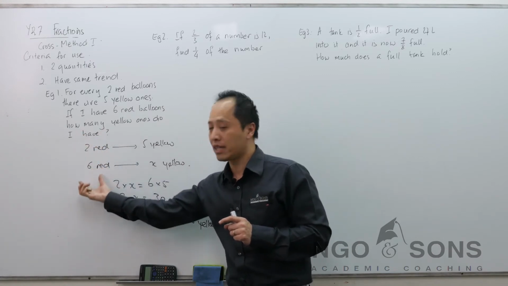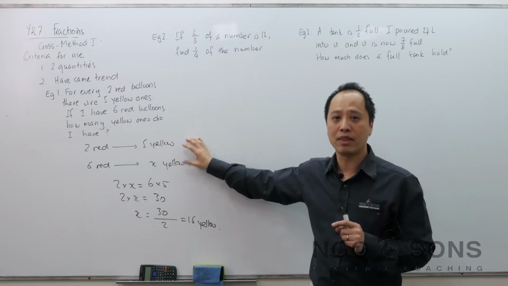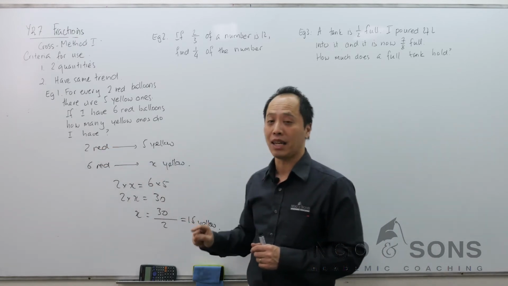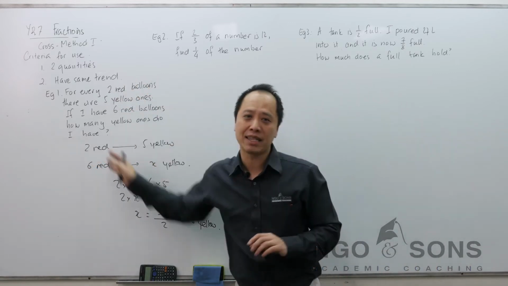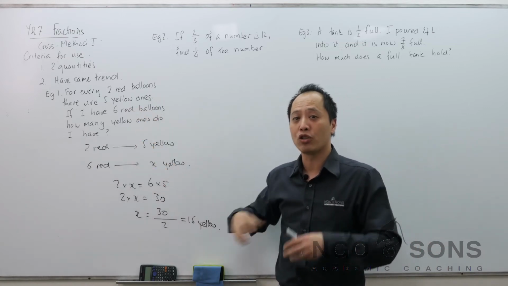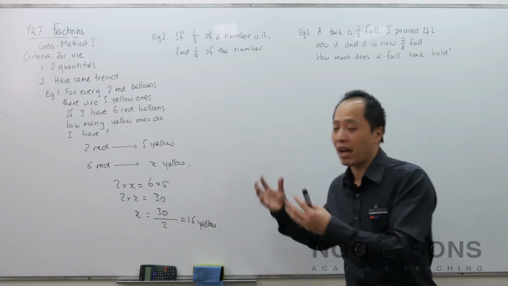So all the reds on this side, and all the yellows on this side. Once you set this up, then you cross multiply. So you get this times this, equal to this times this. Okay, so that's a basic question. It's got nothing to do with fractions, but I just wanted to use this example to highlight how we set out the cross method.